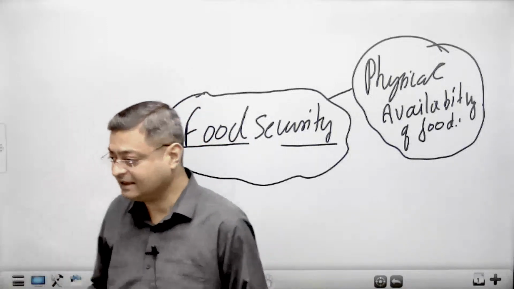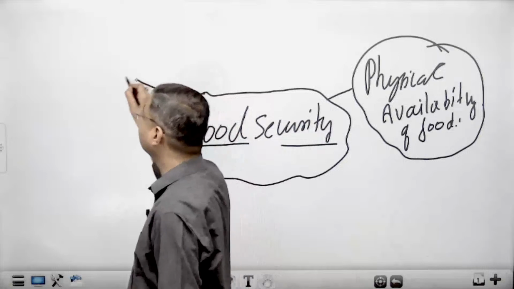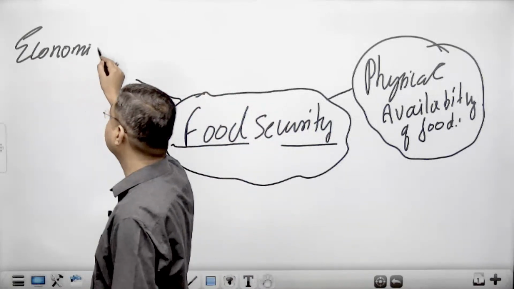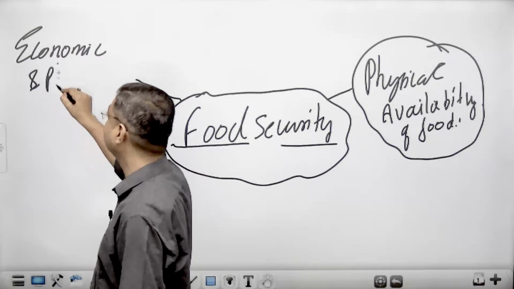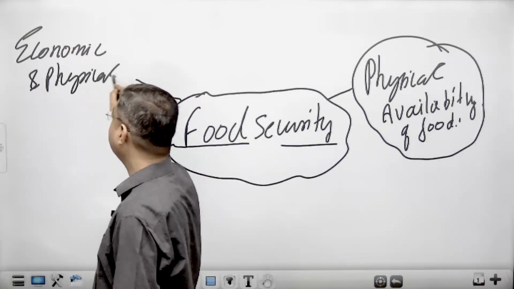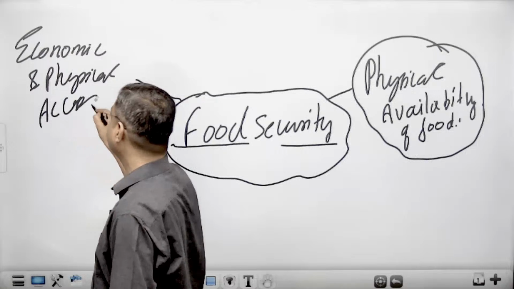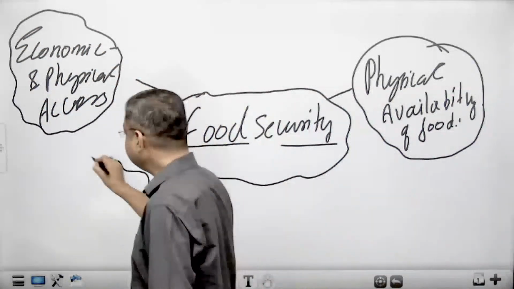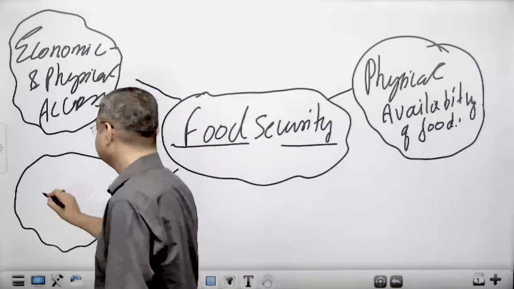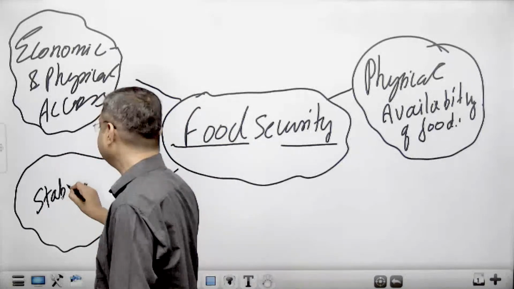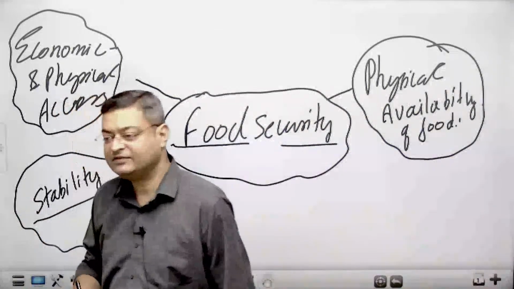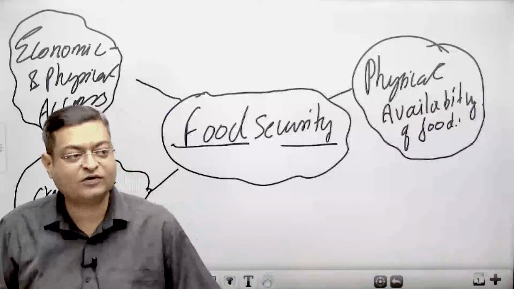Economic and physical access is second. पैसा नहीं रहेगा तो कहां से खरीदेगा? Then comes the stability. That means कि if I am going to have some money to buy the food today, I must have adequate income to buy it tomorrow also.